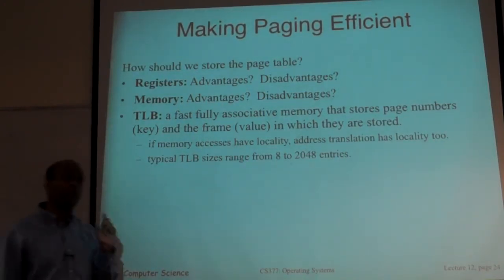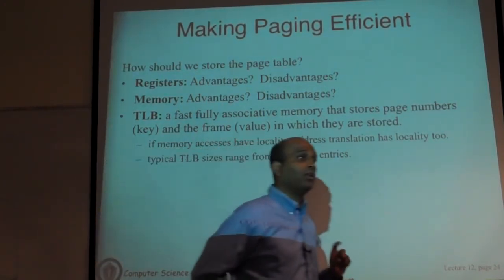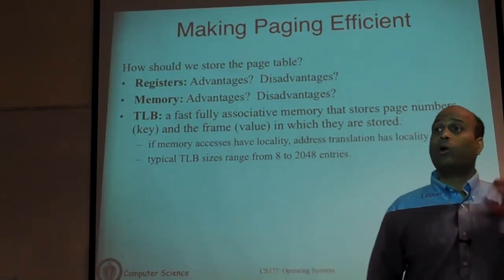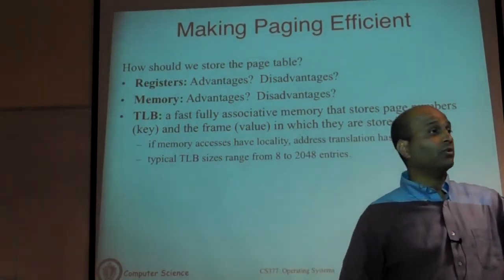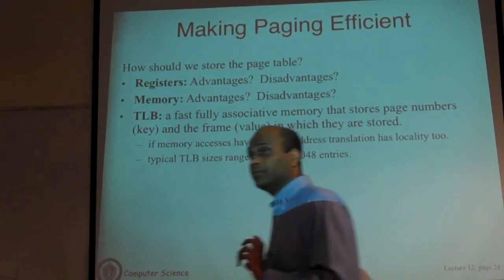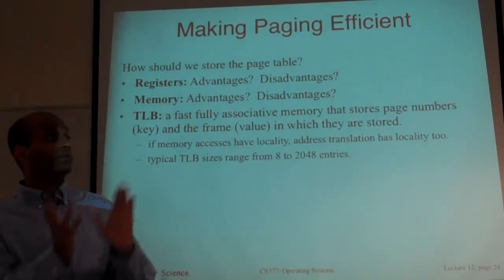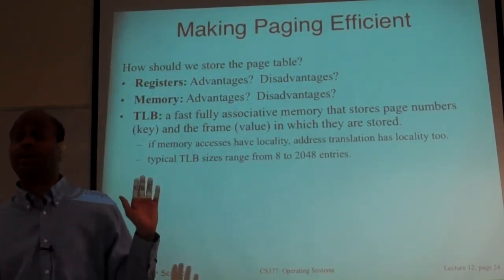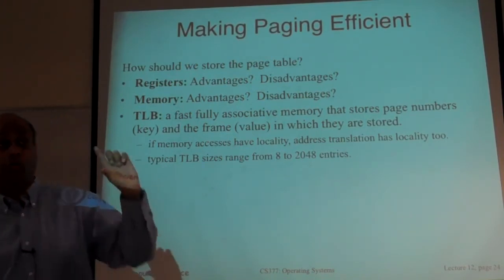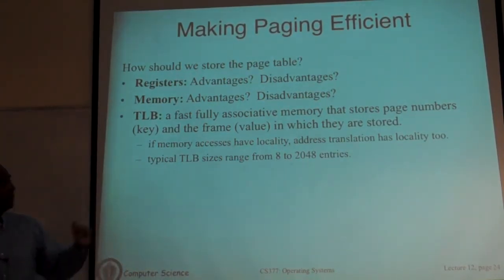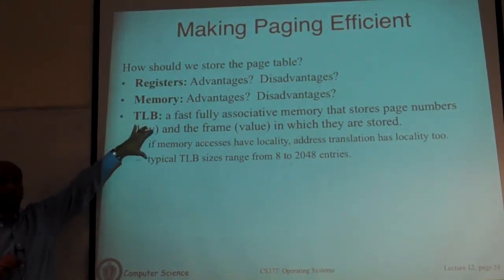And what you do is you take advantage of the 90-10 rule. The 90-10 rule says at any point in time, the process is only touching 10% of its memory. So that's 10% of the pages. So you don't need to store that entire page table. Only the page table entries you're working on can be stored in this cache.